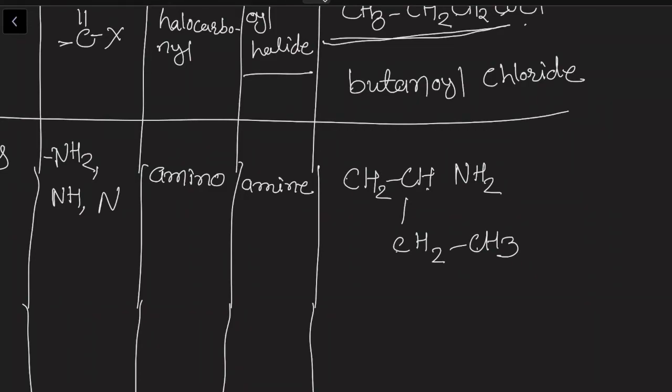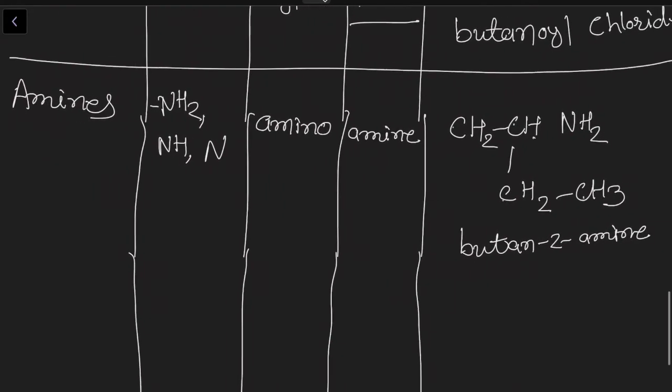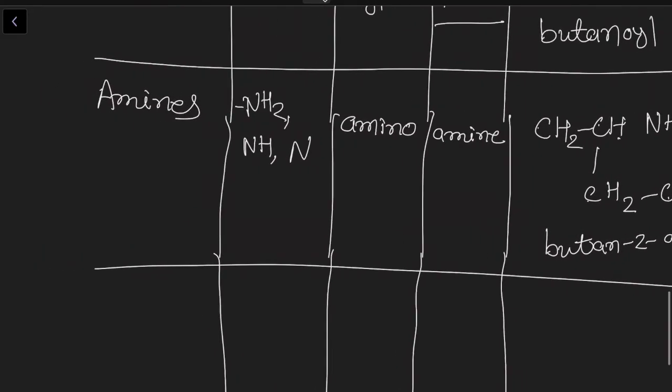So the total long chain is 4. So it's butane, and the amine is on the second carbon. So you can say butane-2-amine, or we can say 2-butanamine.